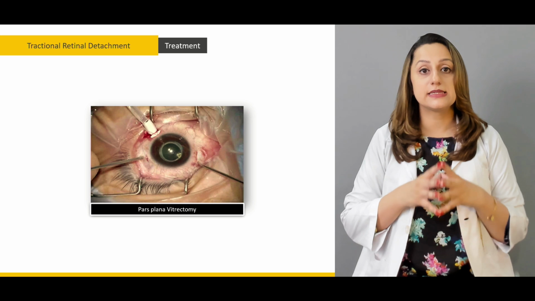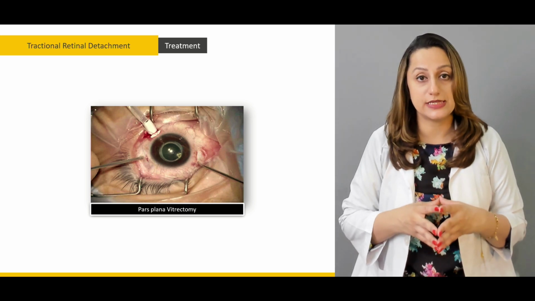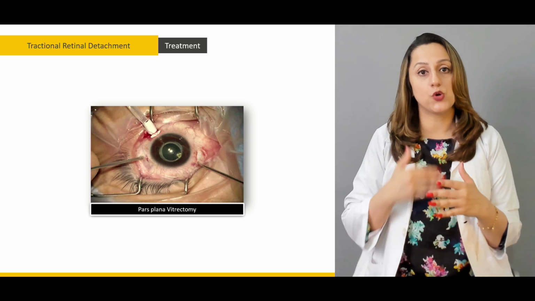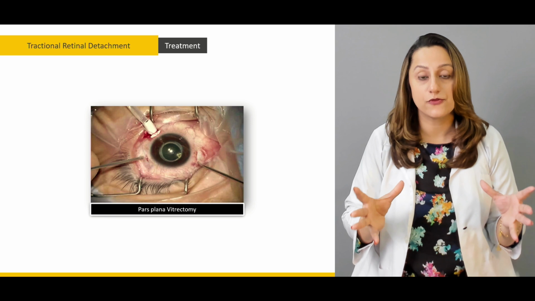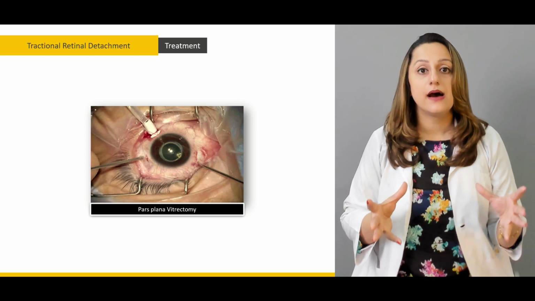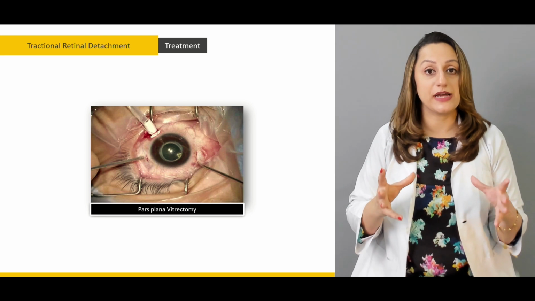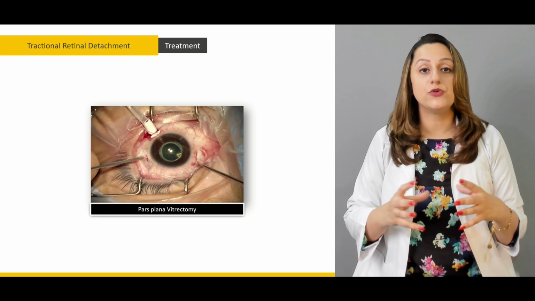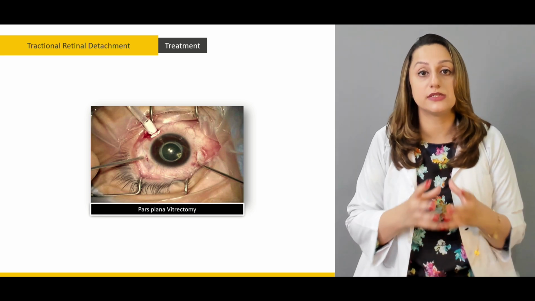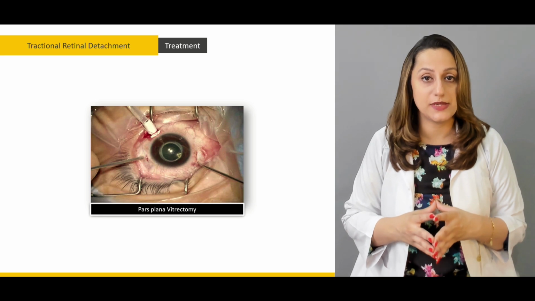Sometimes it is usually done under direct ophthalmoscopy, just to have an overview, and then we can perform the scleral buckling for these patients as well. Cryotherapy at almost minus 45 degrees centigrade is performed for the repair of the retinal holes or the retinal breaks for these patients as well.